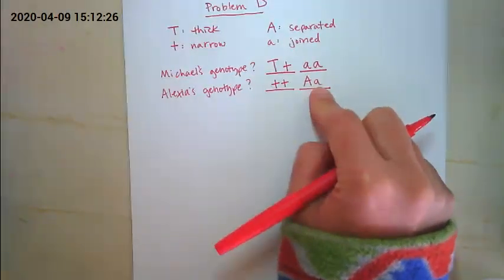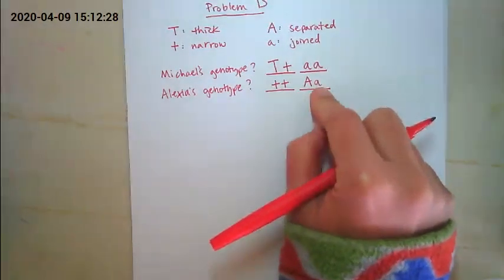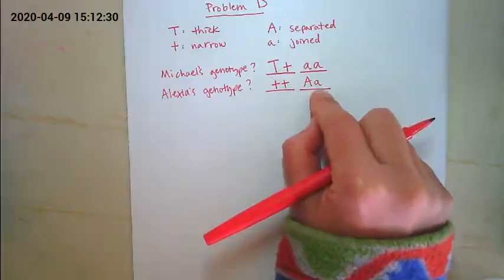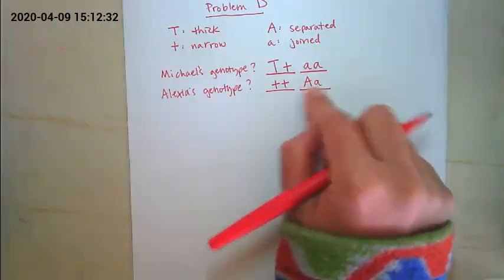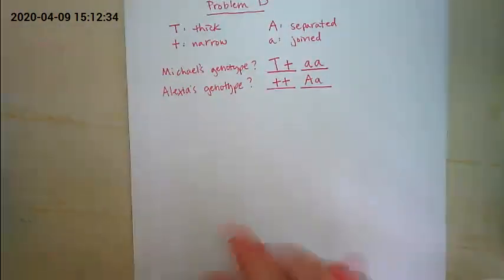So she's a carrier for the unibrow. She could have a child with a unibrow, but she herself does not have one. That's probably the hardest part of this problem, coming up with the genotypes. That's what everyone was asking about. I don't think you're having trouble with the cross part.